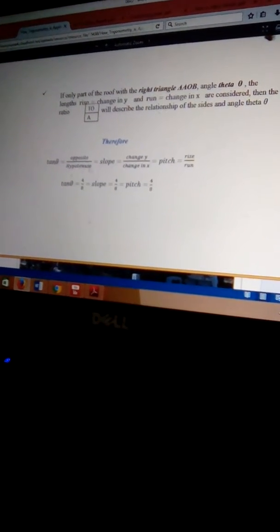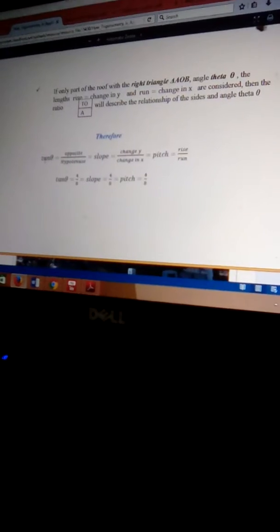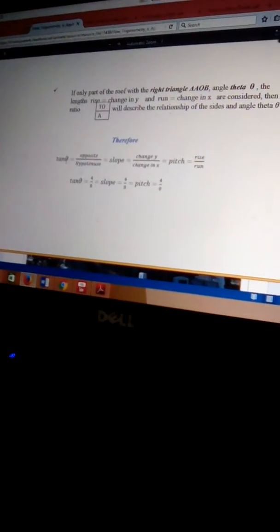So, based on the above explanations, we may come to a conclusion that the tangent, the trigonometrical ratio of the angle made by the hypotenuse rafter and the horizontal rafter, defines the slope of a roof.